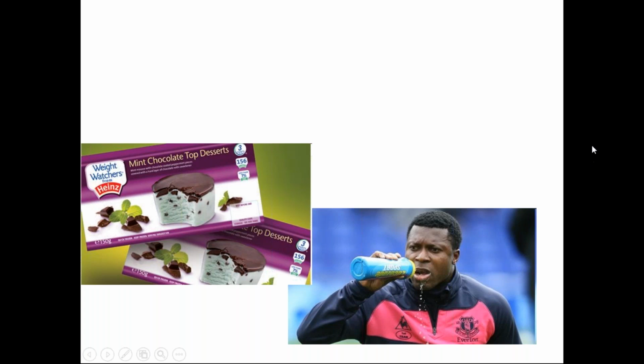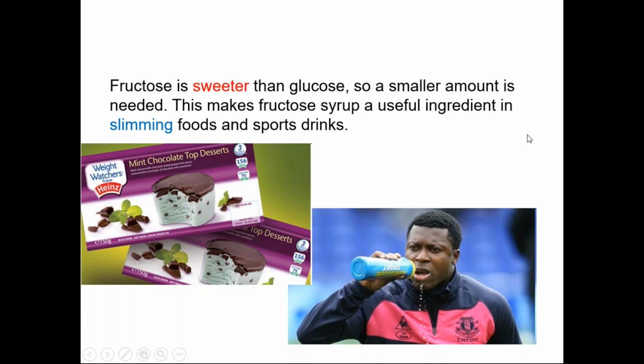And the invertase enzyme is also used to make drinks sweeter, and you will find that it is used in slimming foods, because if you have high fructose syrup, you can add less because it is sweeter.